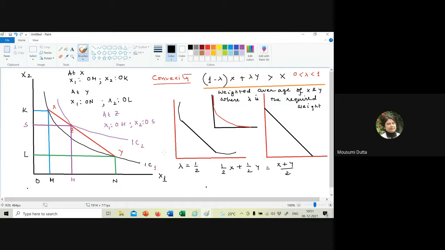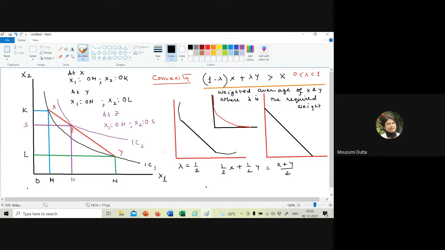Any convex combination of 2 points x and y will give individual satisfaction which is greater than that at x. 1 minus lambda x plus lambda y is strictly greater than x. That is, the satisfaction the consumer is getting at x is strictly lesser than the satisfaction the consumer will get if we consider any weighted average between the points x and y.